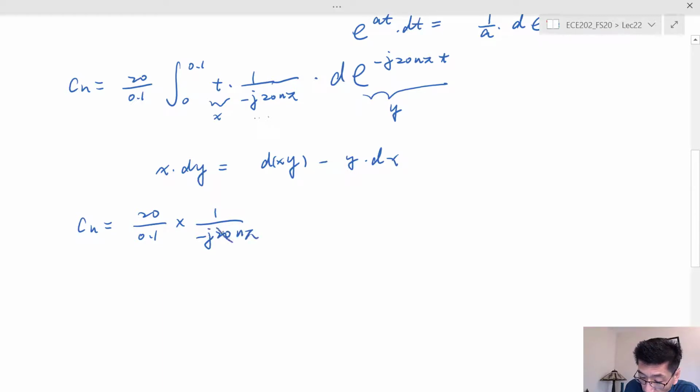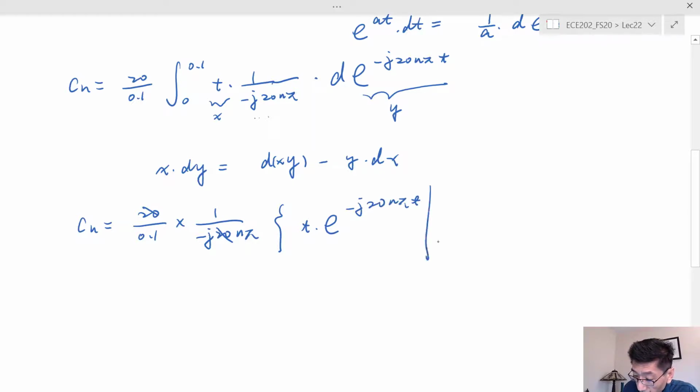So now we cancel this 20, and then the integration, we have a d(xy), so that's just x times y. We evaluate that: x is t times y is e to the minus j 20 n pi t.